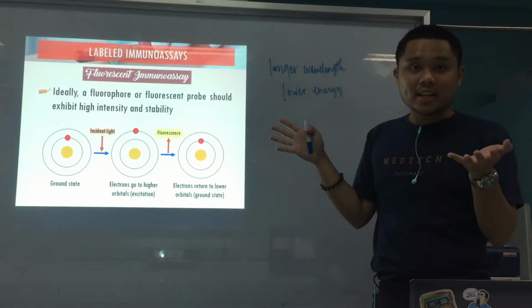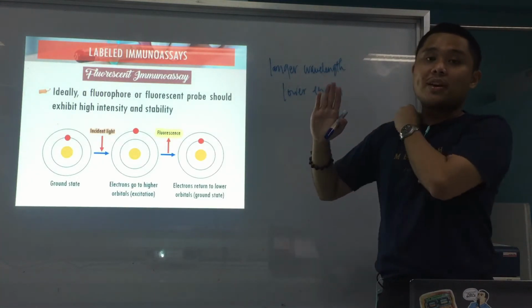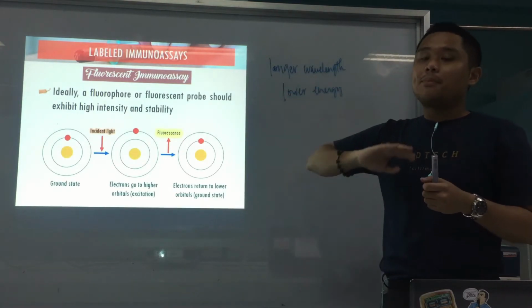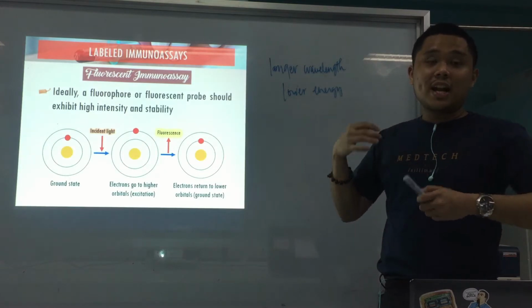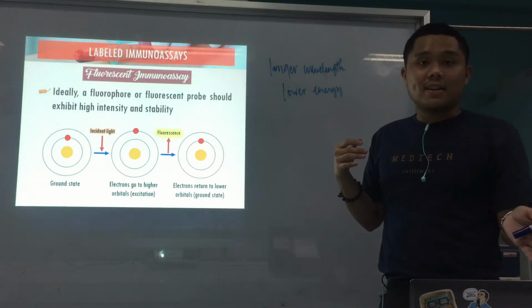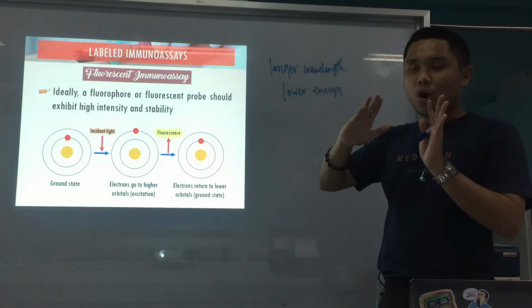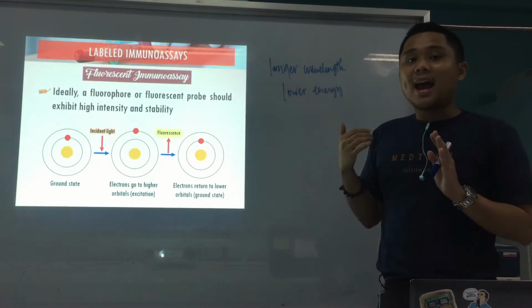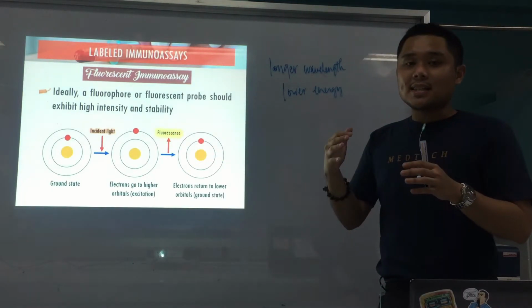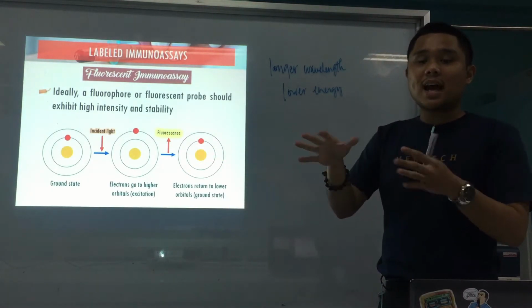Example, gamma rays have the shortest wavelengths and the highest energy. Whereas if the wavelength is longer, the energy emitted is lower. Example, infrared or radio waves have longer wavelengths and lower energy. And that is the characteristic of the fluorescence, the light that your electrons will release after excitation.